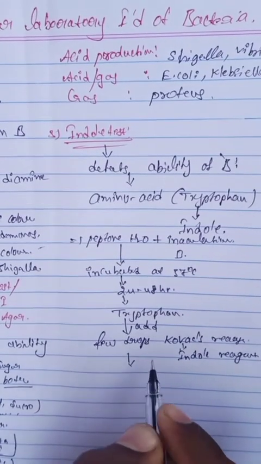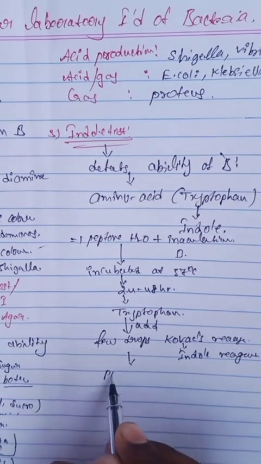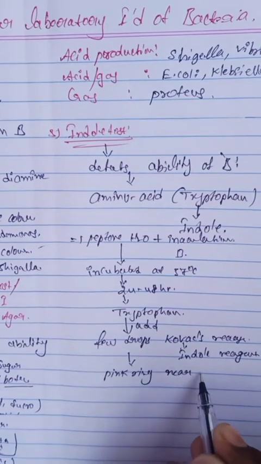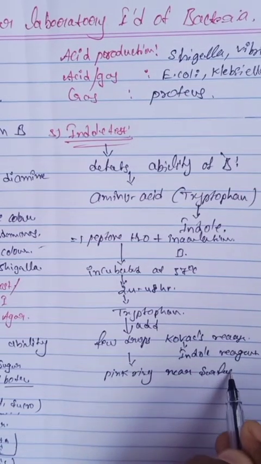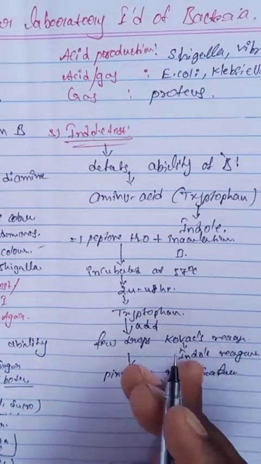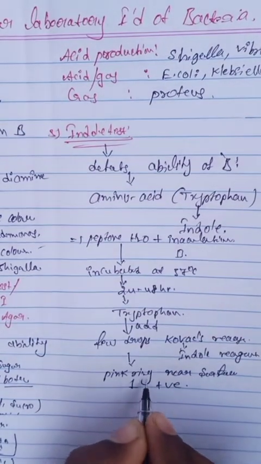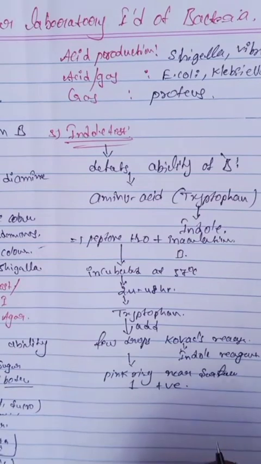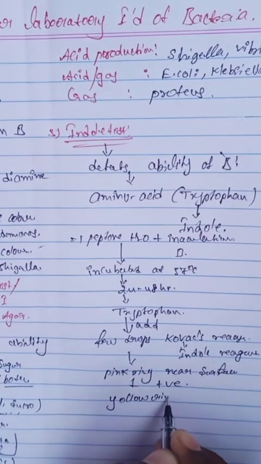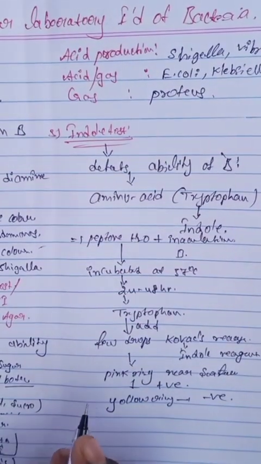It produces a pink ring near the surface. This test is known as a positive test. In case a pink ring is produced, it is a positive test. In case a yellow ring is produced, it is a negative test, a negative reaction.